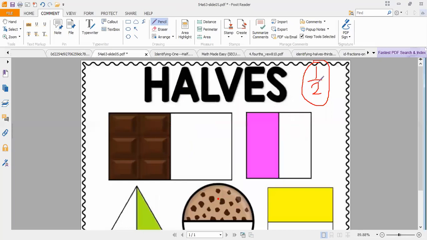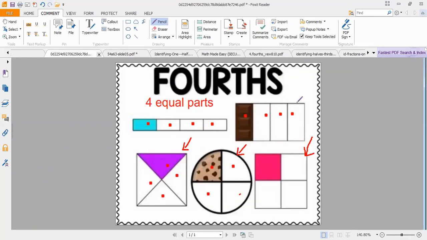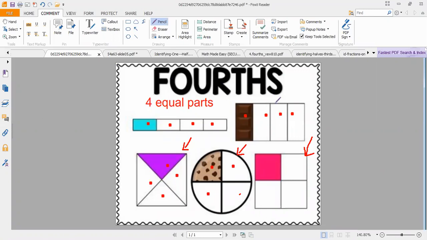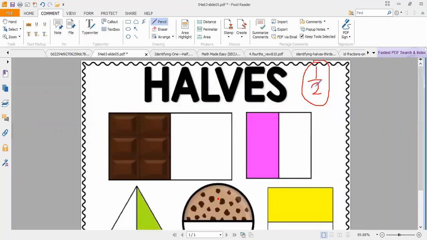We wrote the halves as 1/2. One half means 1/2. Who can tell me how can I write 1/4 with numbers? We wrote the halves here as 1/2.